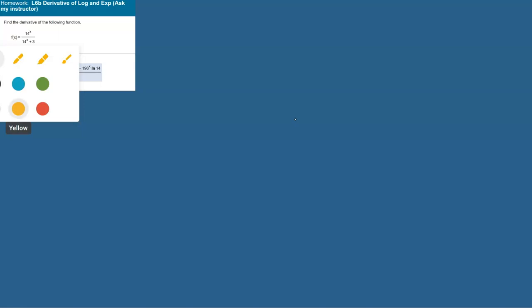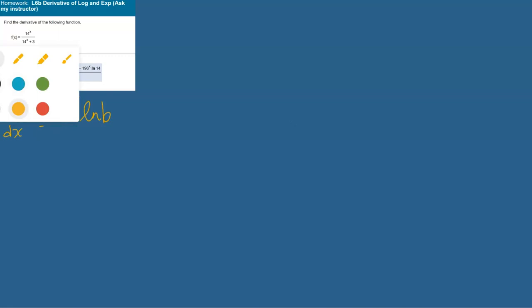The question then is to go ahead and take the derivative. One of the things that we should know is, what is the derivative of b to the x power? The derivative of b to the x power is b to the x ln of b. Now how is that the same or different than e to the x?